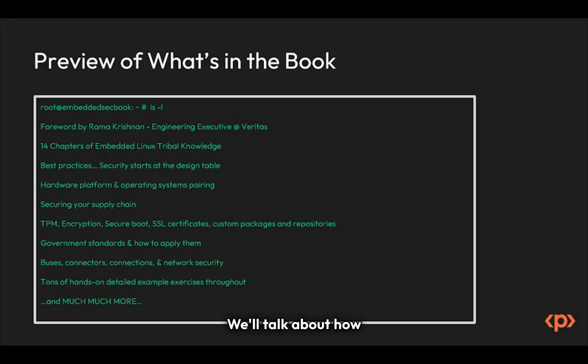We'll talk about how government standards will also influence your decisioning and how to apply them properly into building your solution. We'll talk about all the applicable buses, connectors, physical connections, and of course, network security. And throughout the book, there is going to be tons of hands-on, detailed example exercises, and so much more.